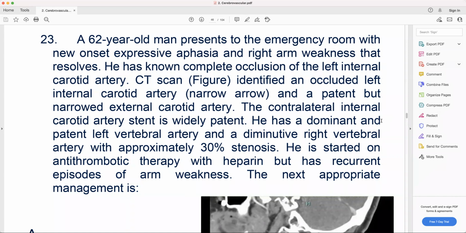The contralateral internal carotid artery stent is widely patent. He has a dominant, patent left vertebral artery and a diminutive right vertebral artery with approximately 30% stenosis. He was started on antithrombotic therapy with heparin but has a recurrent episode of arm weakness. The next appropriate management is.